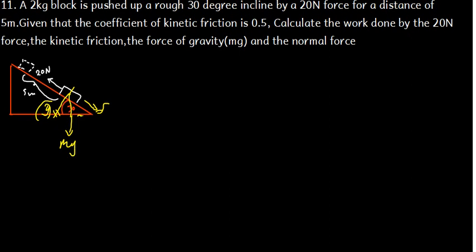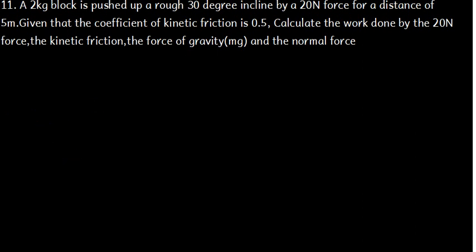So we want the component of this mass which is in the same direction as the displacement. Let me just clean up so that we see clearly. Okay, so I've got a mass like that, and we know that this mass has a weight force. That is mg. Now what is the work done by mg?